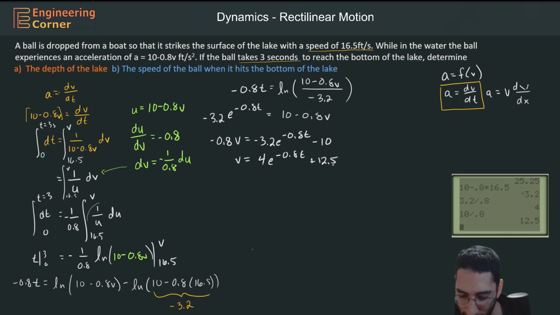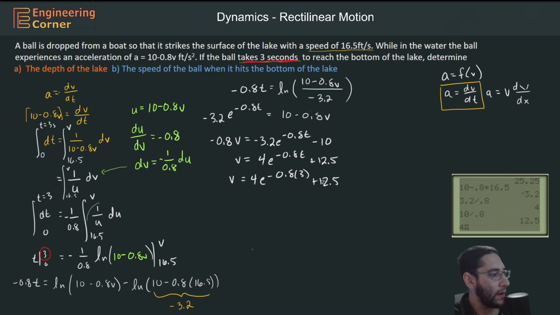And so now, right, we're figuring out what my velocity is at 3 seconds. So that's really when I was taking my bounds at 3 seconds. So I just need to put 3 in for this t right here. So my velocity is going to be equal to 4 e to the minus 0.8 times 3 plus 12.5.